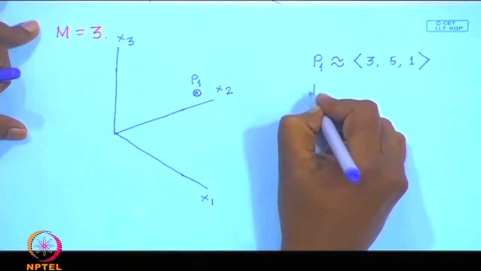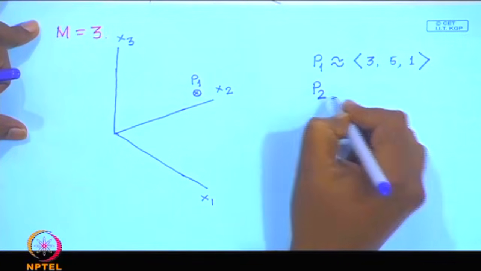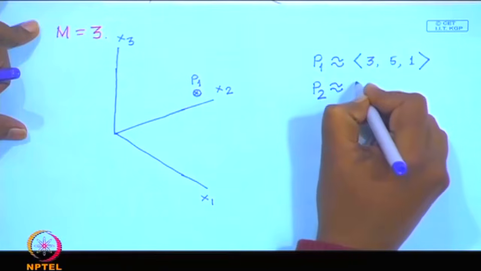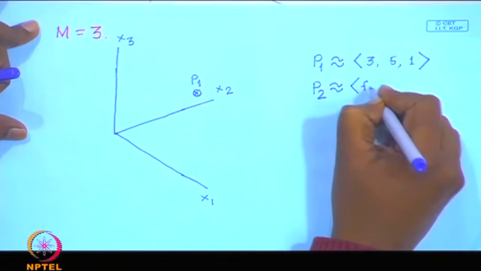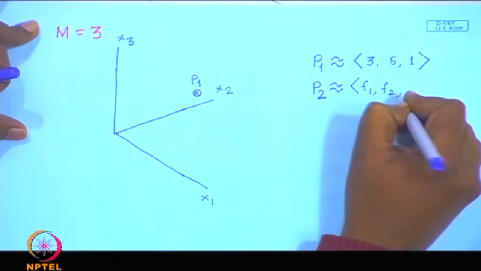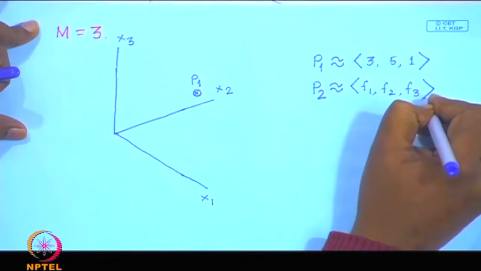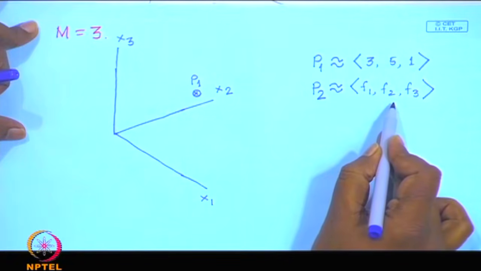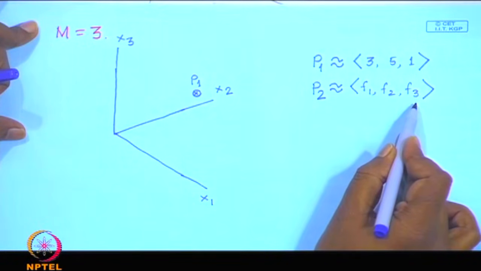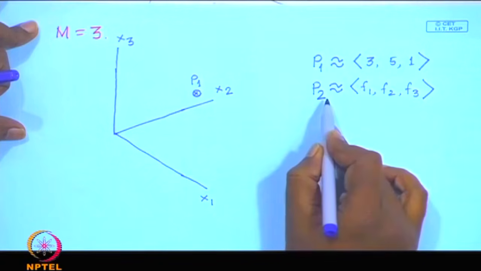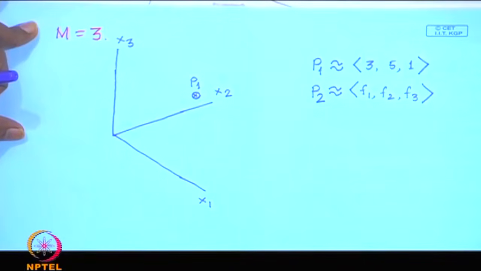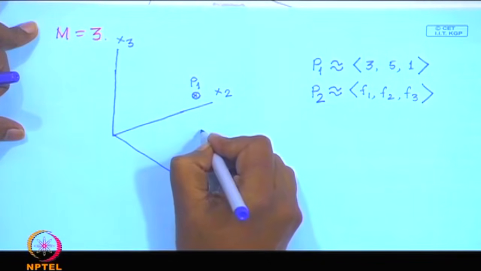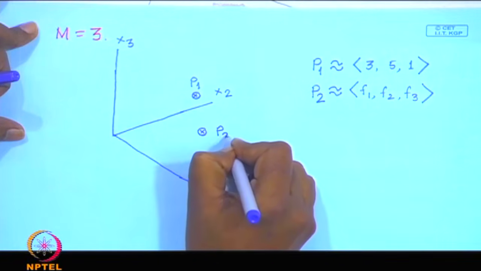Similarly, I can have a point P 2, which is again represented by a feature vector, say f 1, f 2, f 3. f 1 will have a certain numerical value, f 2 will have a certain numerical value, f 3 will also have a certain numerical value. And this pattern P 2, once represented by such a feature vector, will also be a point in my 3 dimensional feature space.